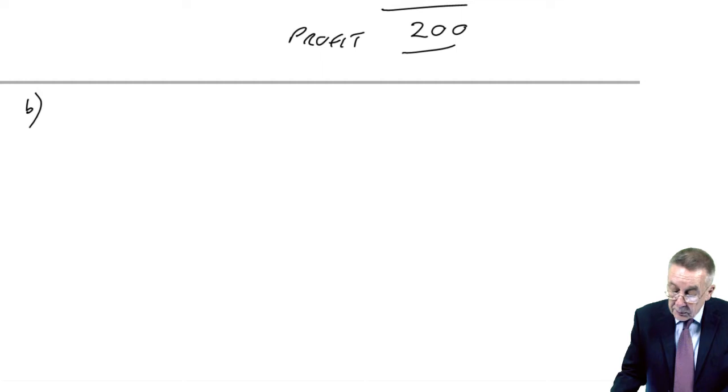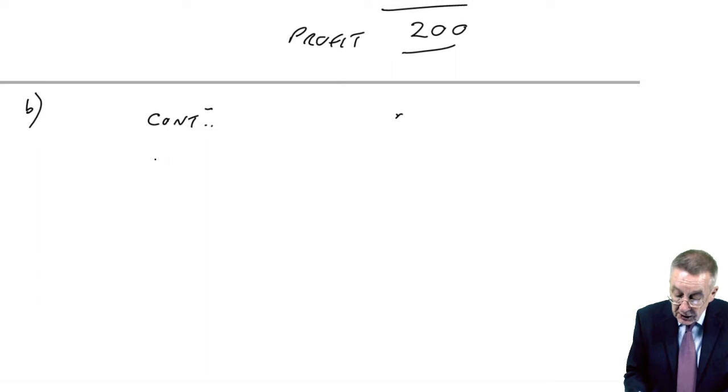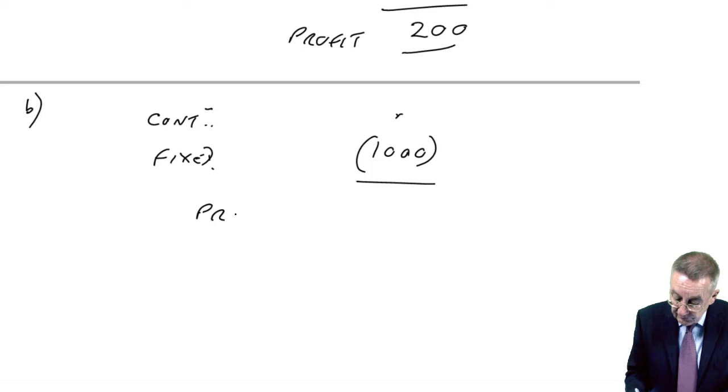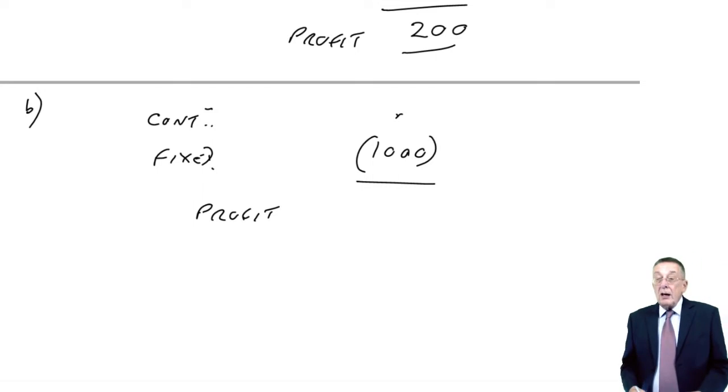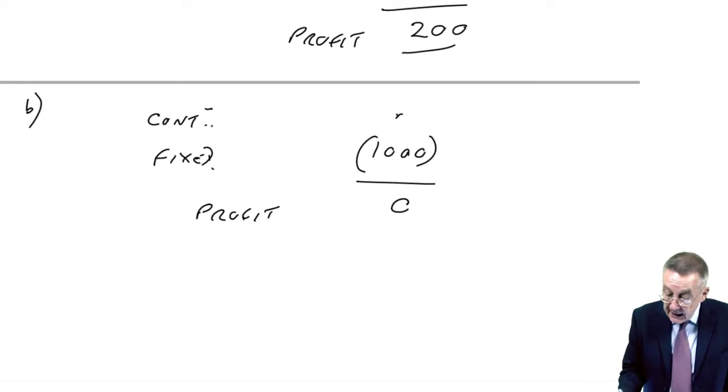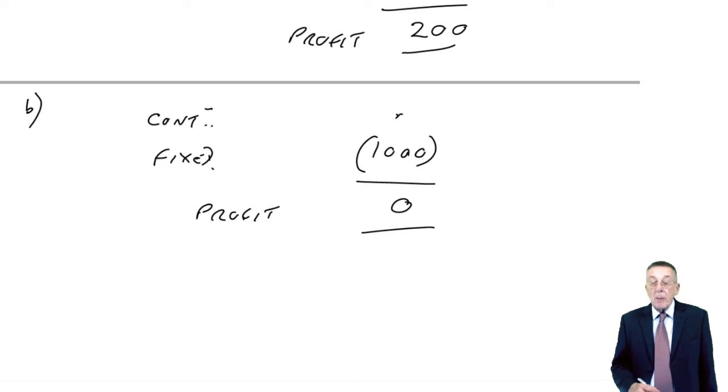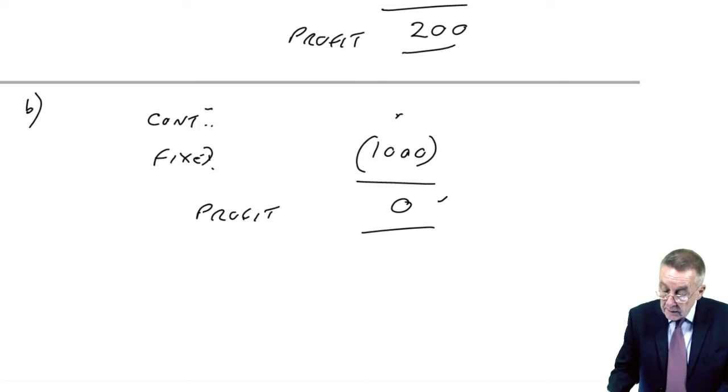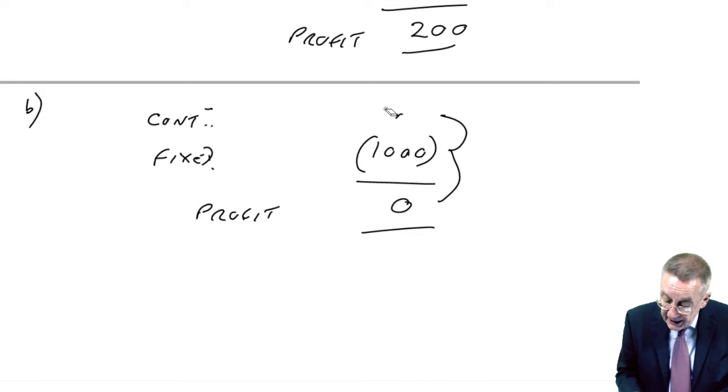Well, again, the profit must be the total contribution less the fixed costs. Since I want the profit to be 0 for break-even, surely the total contribution has to be equal to the fixed costs.